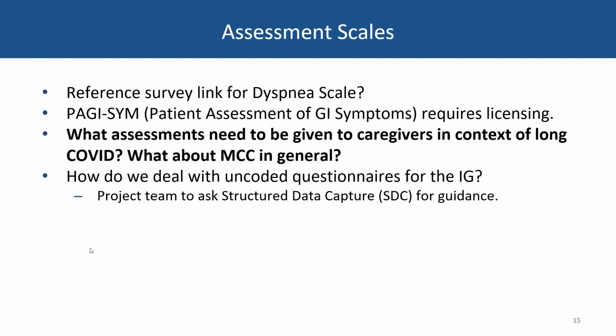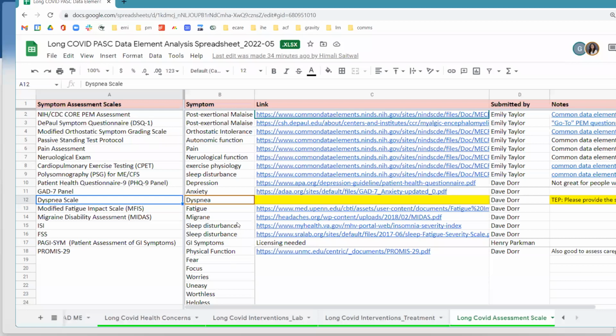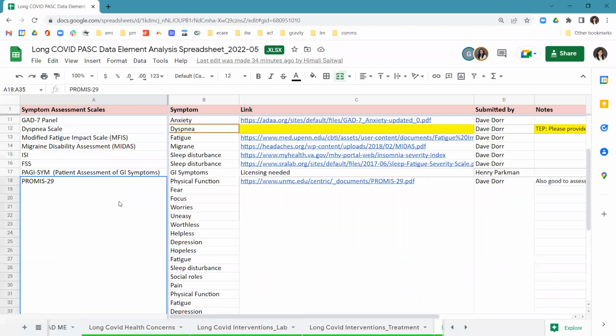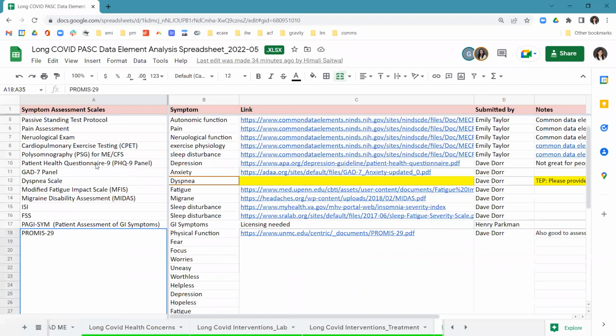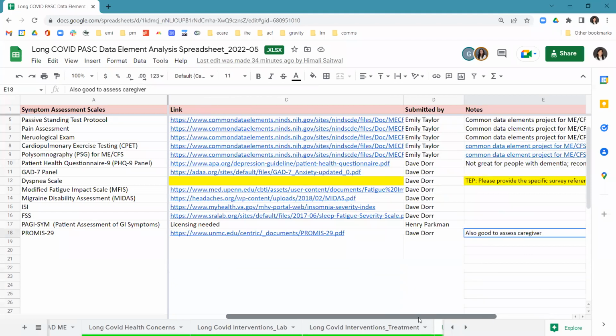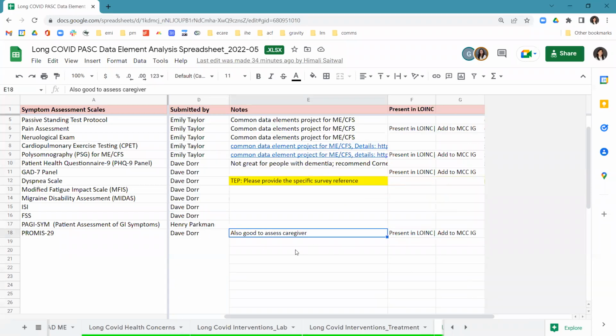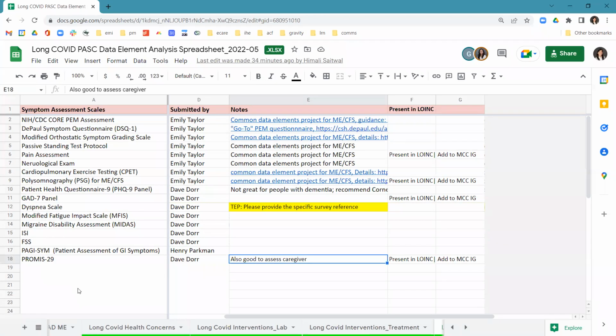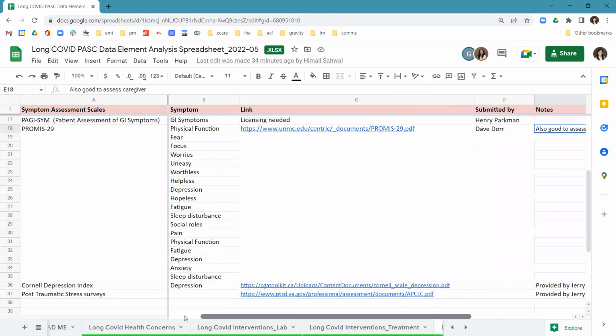So just a little bit of feedback on our assessment scales. We had identified PROMIS 29 as well as the PHQ-9 for patients, but added that this would also be applicable for assessing caregivers. So are there any other assessments that would be helpful from the caregiver perspective?